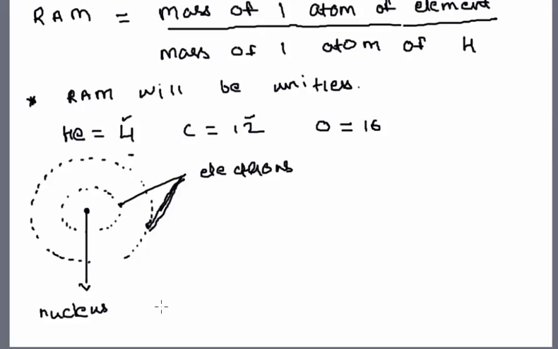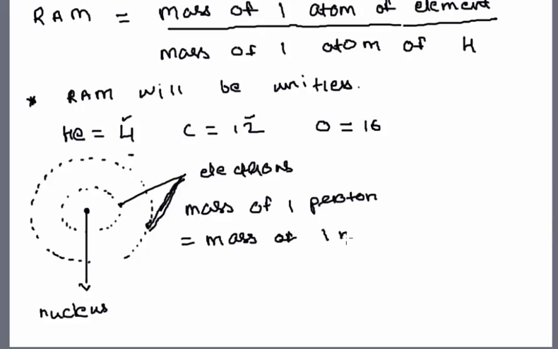Now, in the nucleus are found the protons and neutrons, and for both the protons and neutrons I can use the collective term nucleons. I'm just sharing some experimental data with you: the mass of one proton is equal to the mass of one neutron.